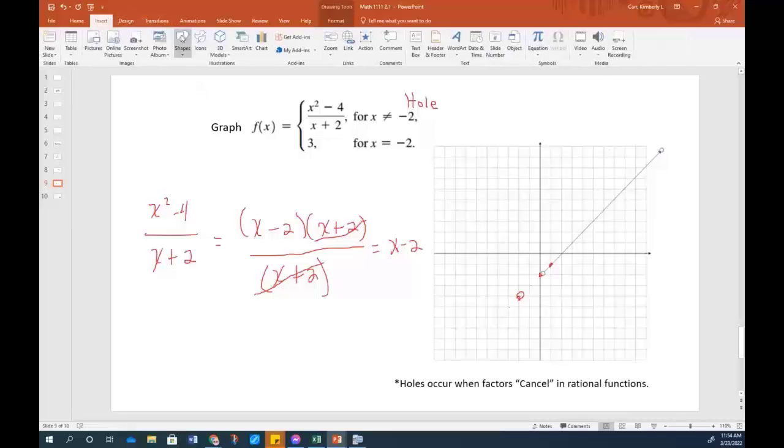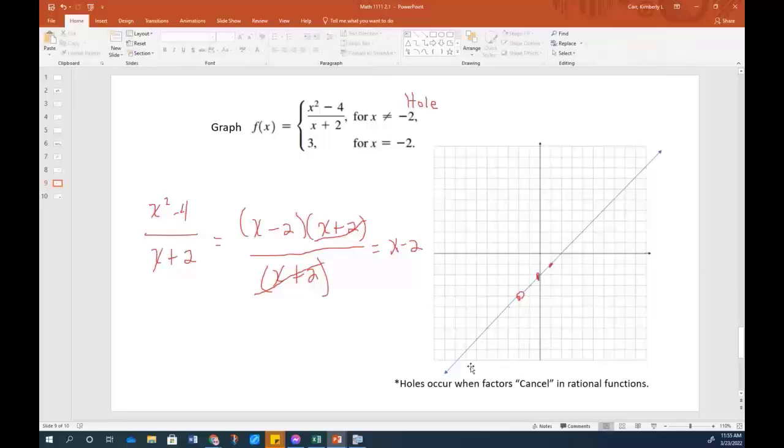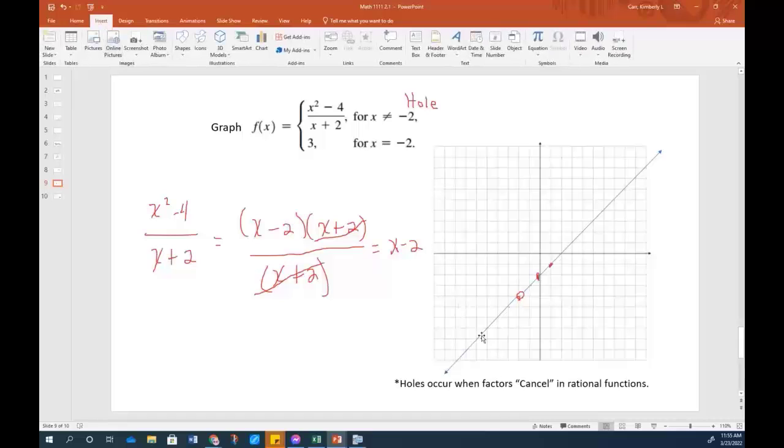But then additionally, the other part of it, oh, I should have made it a little bit longer, goes to here. So really what I'm trying to say, and again, I wish this would be so much easier if we were in person, but there is a line that has a hole in it where x is -2. Okay? So that takes care of the top one.